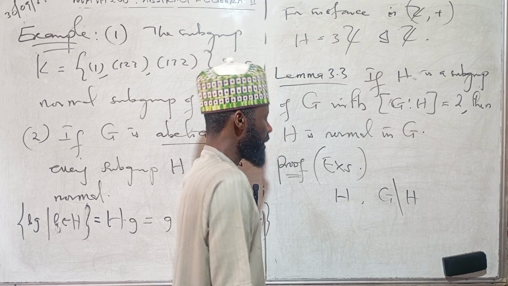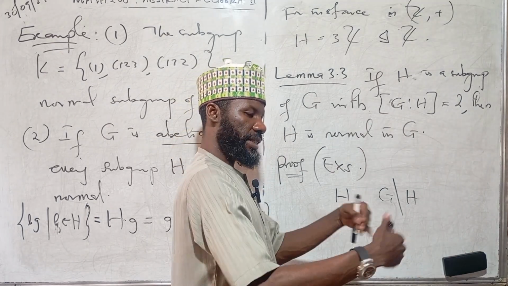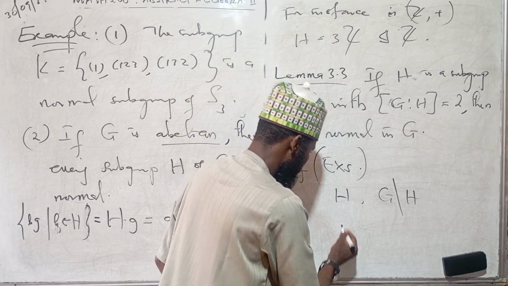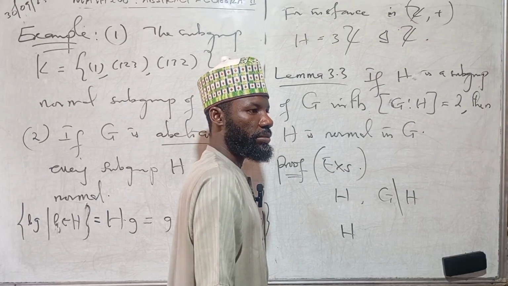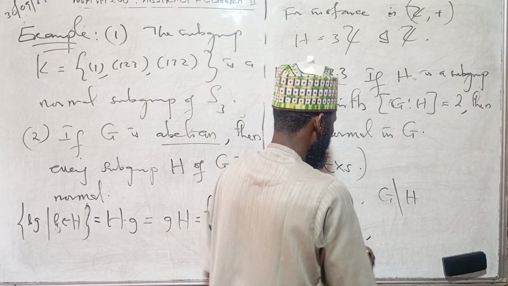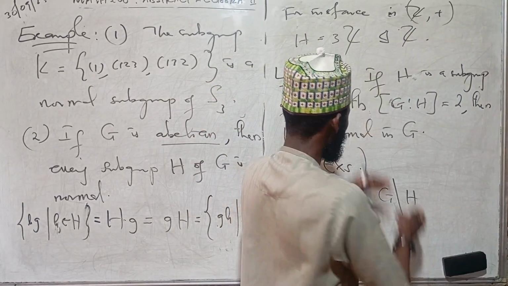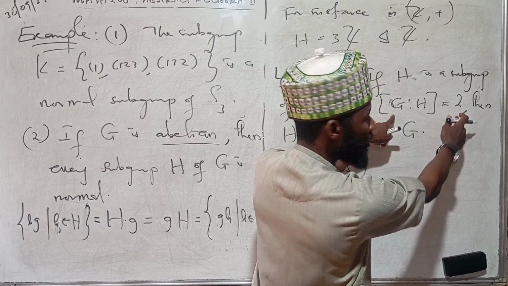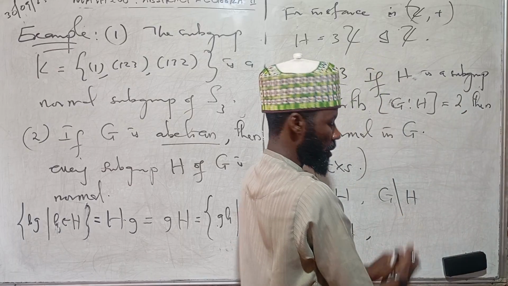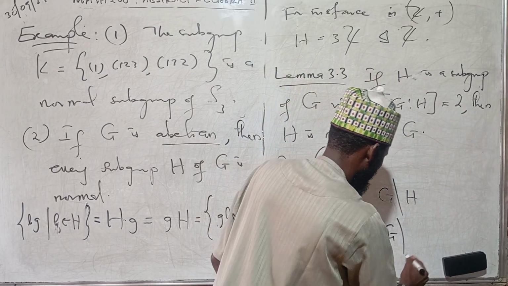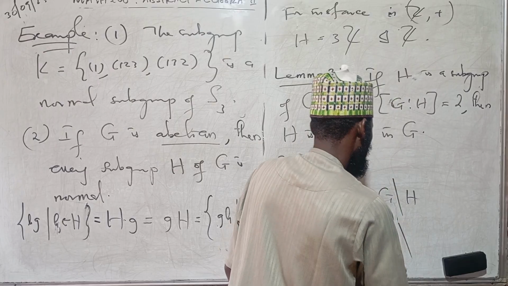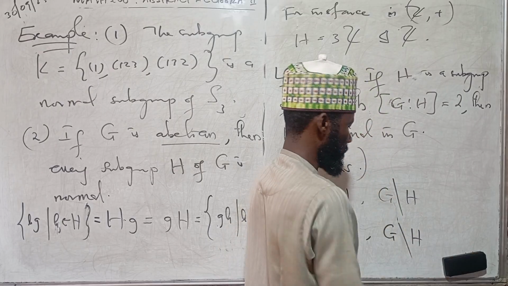Are you following? And if you come to list the right cosets, the first in the list is the subgroup itself. And the second in the list will be the rest, because the number is always 2. And if you unite, you must get the group. So it must be G minus H also, set minus.